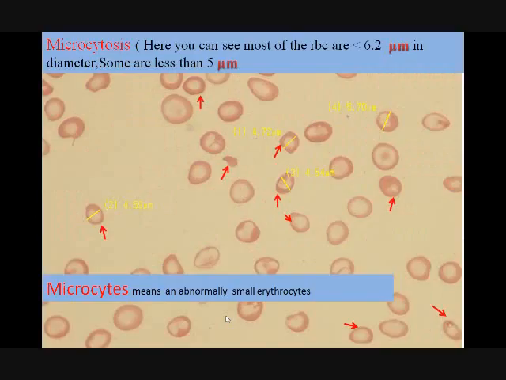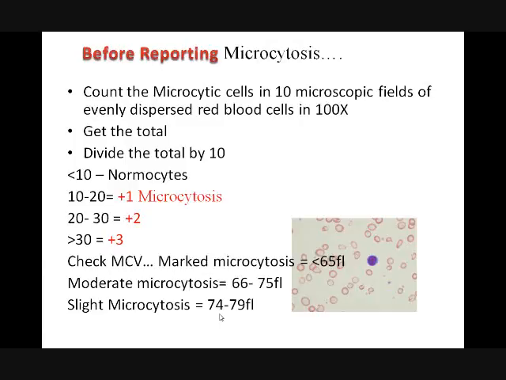Now let's talk about microcytosis. Here you can see that most of the RBCs are less than 6 microns in diameter, and some are even less than 5 microns, because microcytes mean abnormally small erythrocytes. Before reporting microcytosis, count the number of microcytic cells that you see using 10 microscopic fields of evenly dispersed red cells in your oil immersion lens.